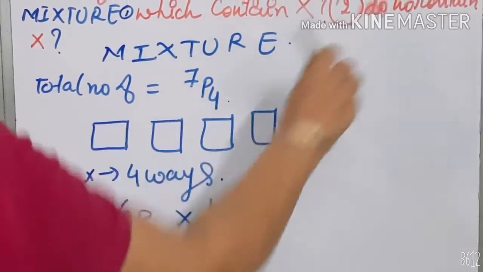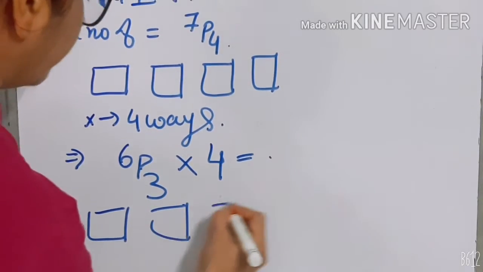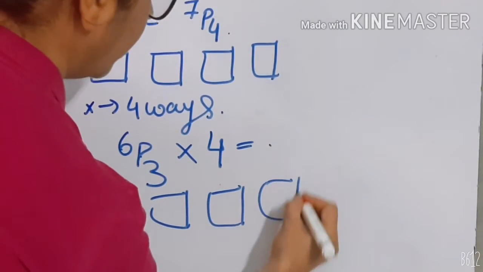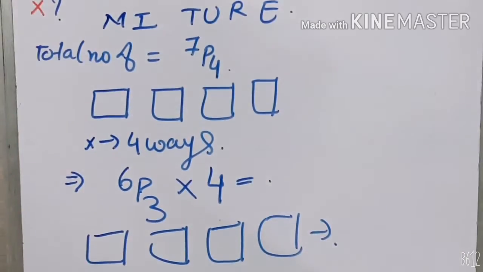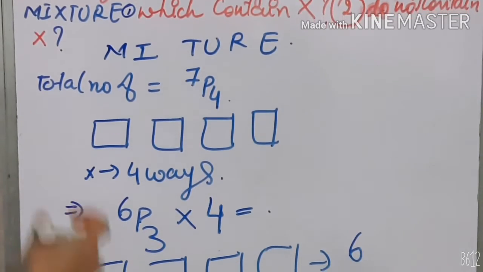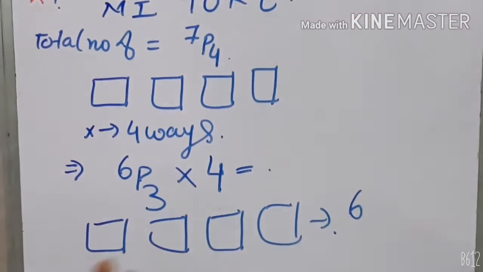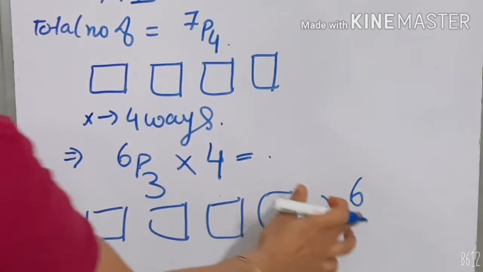This will become your answer: 6P3 into 4. Now the second is words that do not contain X. First of all, very easily, remove X. How many are there? 6 letters are there. They did not ask anything.